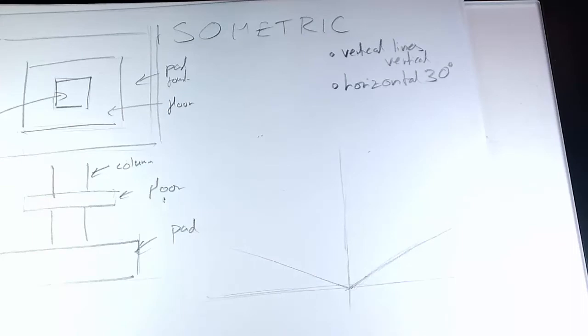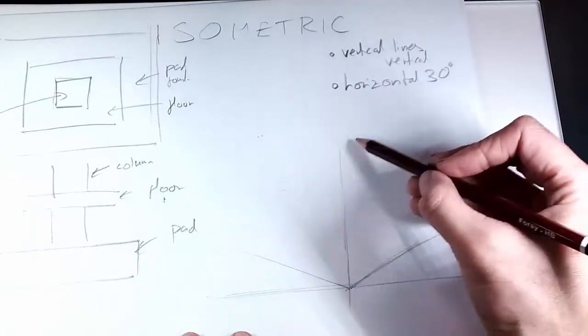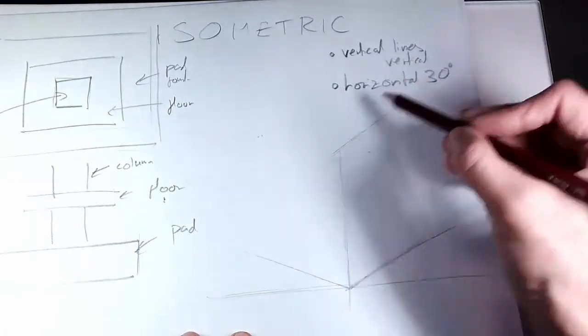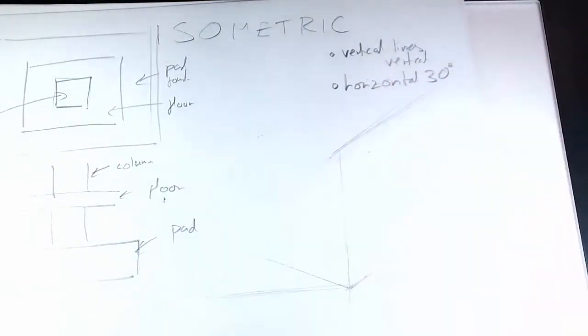I'm going to use the same system where I take those plan views and those side elevations and I create the image inside. So the first thing I need to do is create a box that will then enclose my whole system. It's not great.